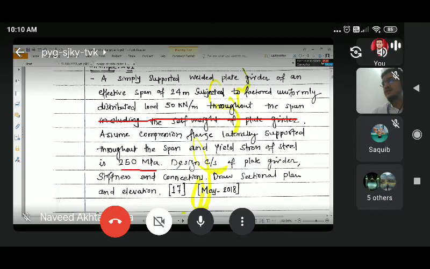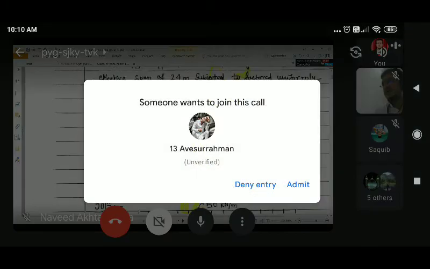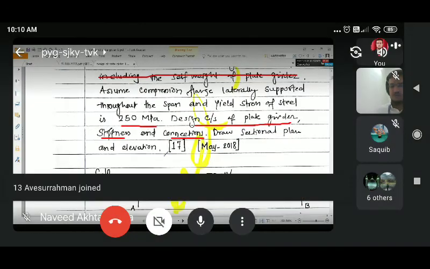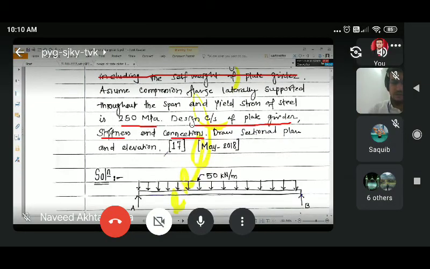Please don't write the part about throughout the span. Design the cross section of the plate girder, stiffener, and the connections. And also at the end, you have to draw the sectional plan and elevation.